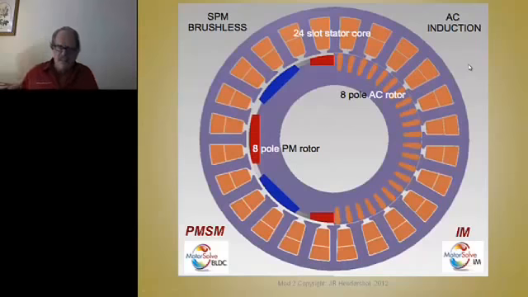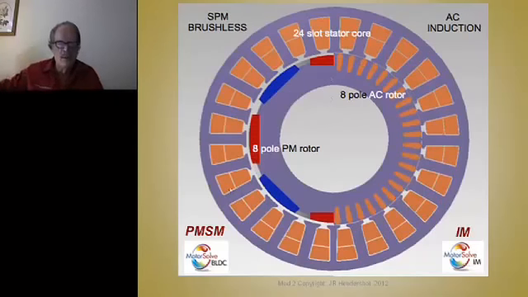Now, the other interesting thing I want to show you relates back to a previous slide where we saw the cross-section of the machine that showed the X's and the dots of where the current flowed. If this is an 8-pole rotor, I don't know how many bars we have here, but let's assume we got 36 bars. So if you got 8 poles, 36 divided by 8 is like 4.5 bars per pole.